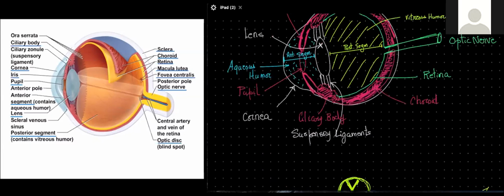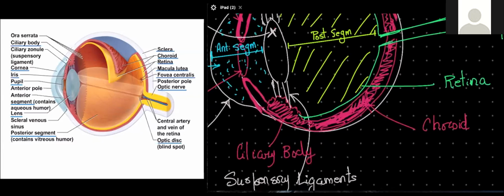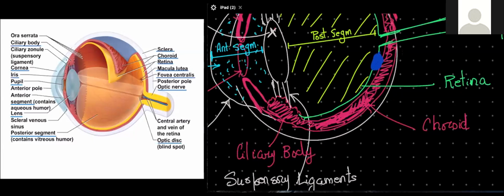Why? Because what you are looking at is going to be focused on part of your retina that has better vision.